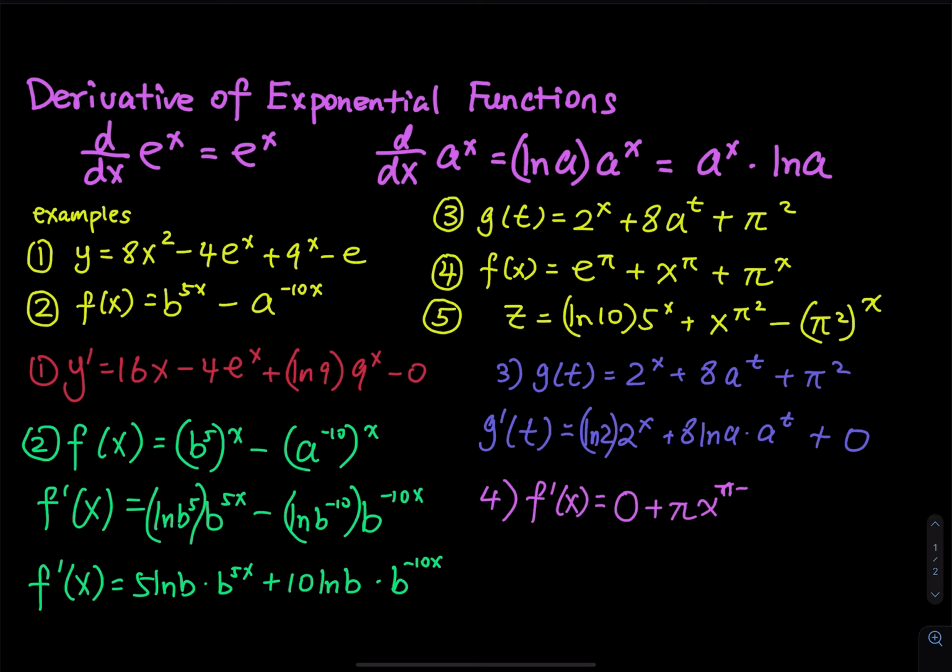And then pi to the x is exponential. So you add ln pi and then multiply pi to the x power. They usually use a parenthesis. So that's number 4.